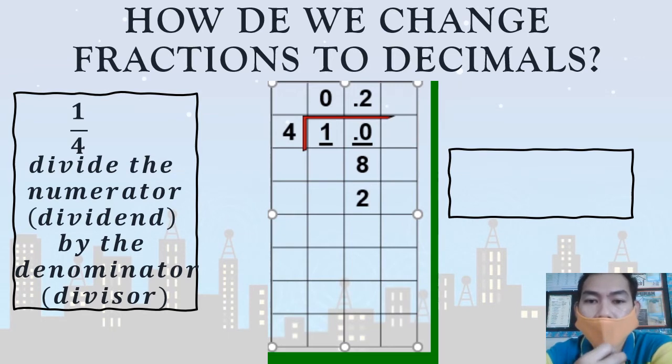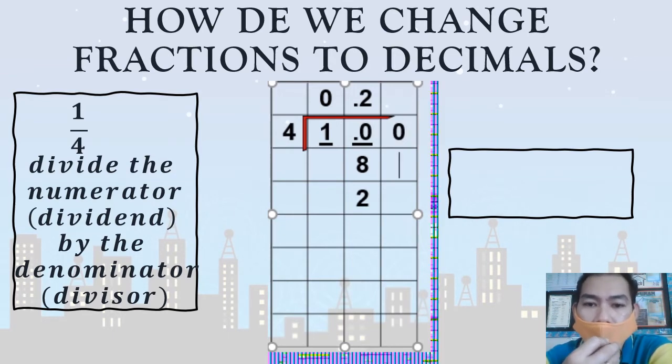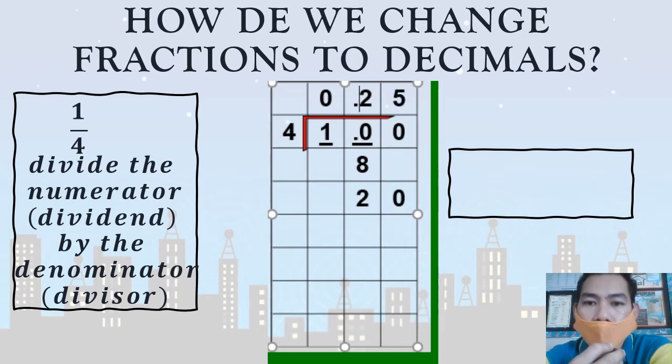So we cannot write the remainder. So instead of writing the remainder, we put again another 0 so that we can determine if that will end or not. So it will become 20. 20 divided by 4 is 5. 5 times 4 is 20.